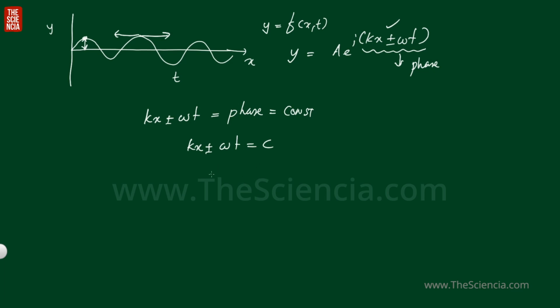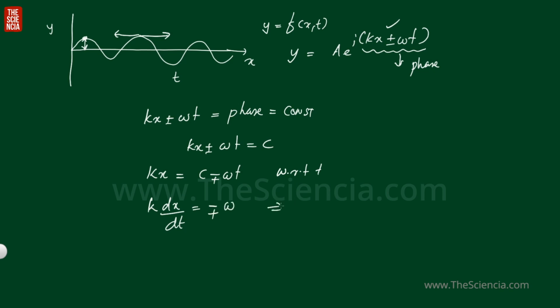And I can rearrange this equation, that is kx is equal to c minus or plus omega t. Now I am going to take its derivative with respect to time t. So I get k dx by dt is equal to minus or plus omega.